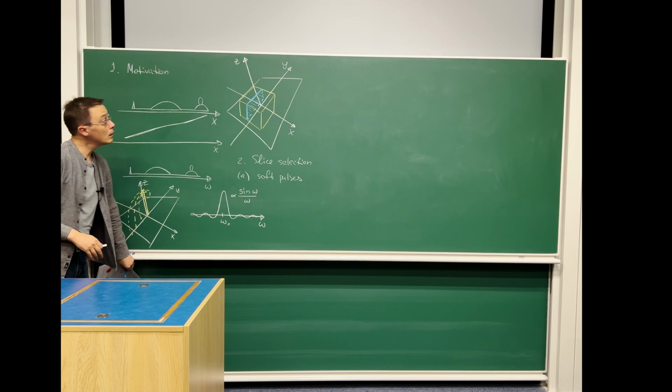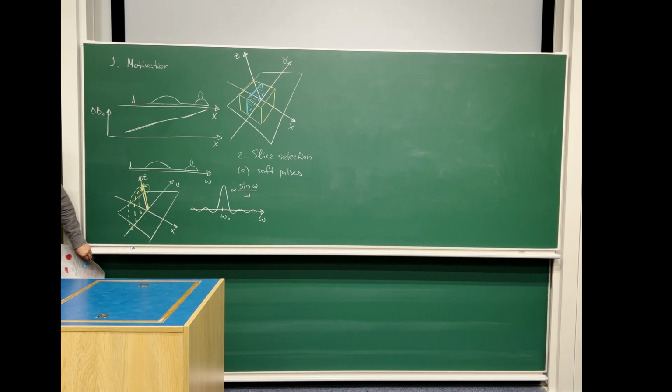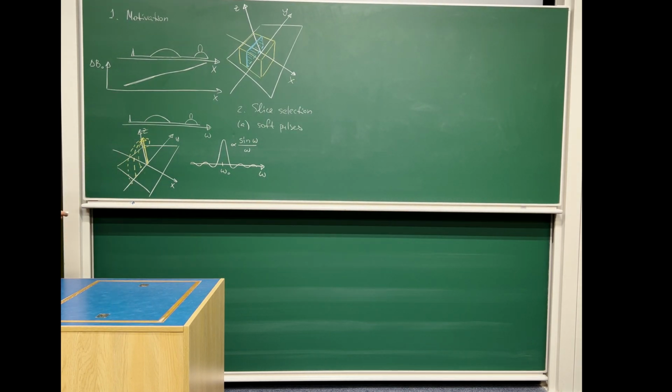But still, even though we have two dimensions left, that is too many, because the gradient only permits us to image in one dimension. So we need to have extra tricks in our toolkit to be able to do the two dimensions.